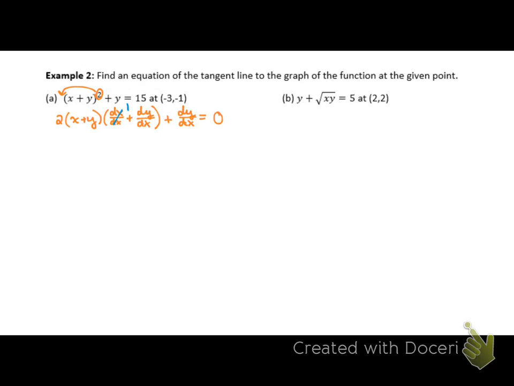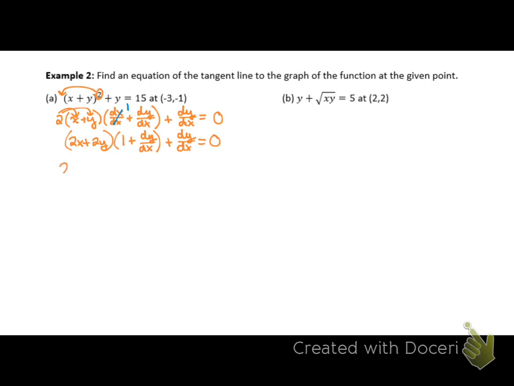So when I do this, the fastest way is just to double distribute, unfortunately. So I'm just going to write it a little bit differently. I'm going to distribute the 2, so we get 2x plus 2y, and I'm going to look at this as 1 plus dy/dx. And then that plus dy/dx just stays over here. Eventually we're going to want to get that by itself on the left side.